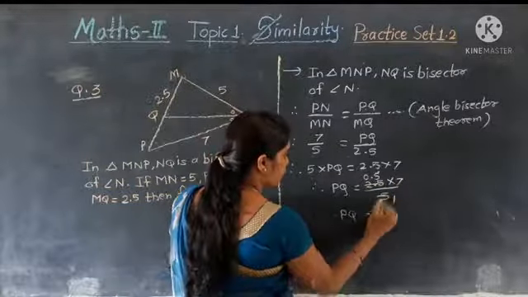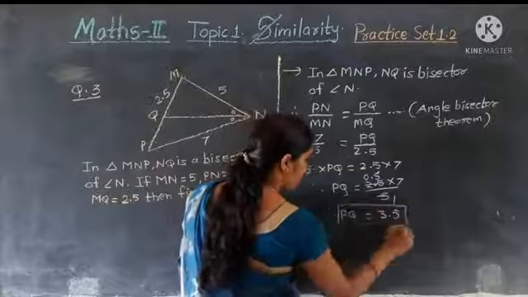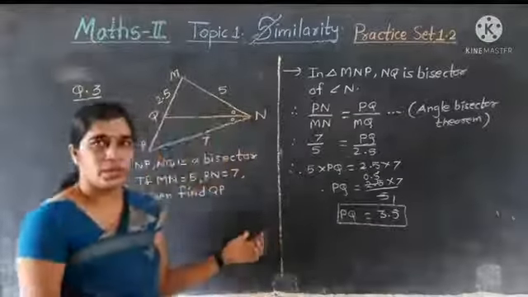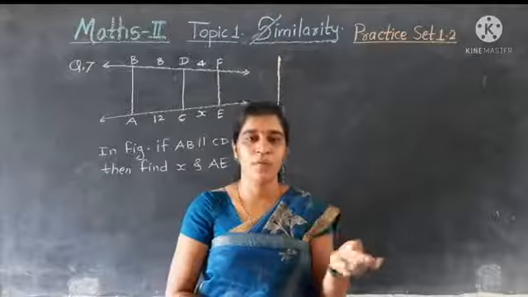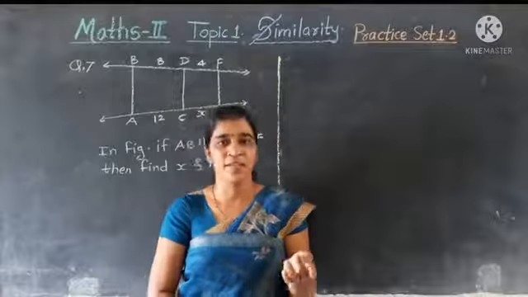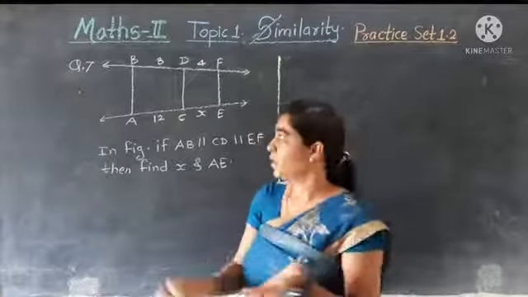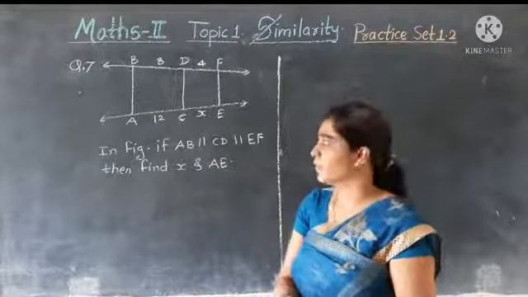Therefore, we get PQ is equal to 7 5s are 35, means 3.5. Okay. Students, see question numbers 4, 5, 6 are based on BPT and angle bisector theorem. You solve yourself. Now here I will take question number 7.